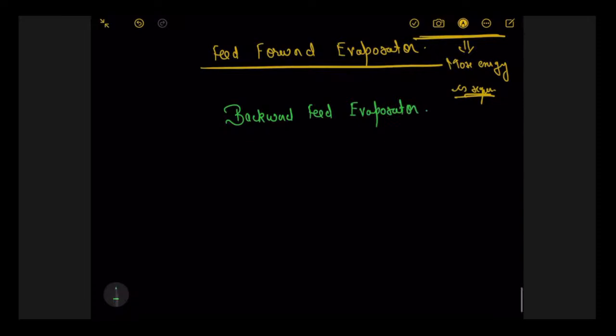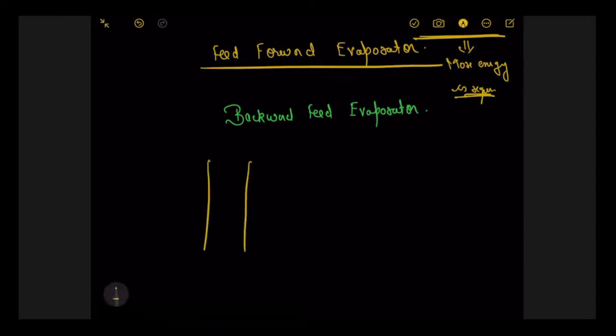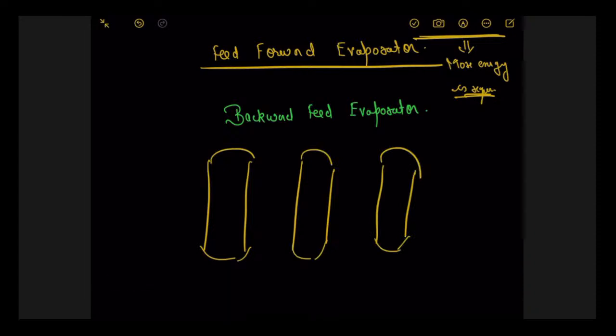So what is happening in the backward feed evaporator? Same thing. The only difference is that we are introducing feed from the backward side. Now this is xs1, xs2, xs3. What is xs? It is the concentration of solid.